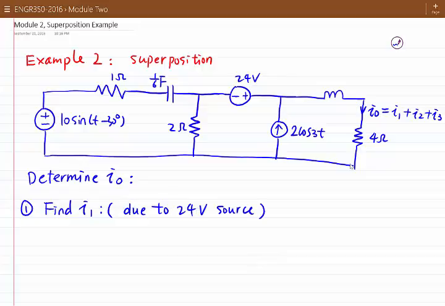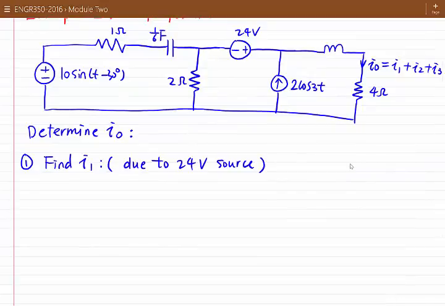Suppose we only apply the 24 volt DC source and we turn off the 10 sine t minus 30 degree voltage source, and also we turn off the 2 times cosine 3t current source. So we only apply the 24 volt DC source.